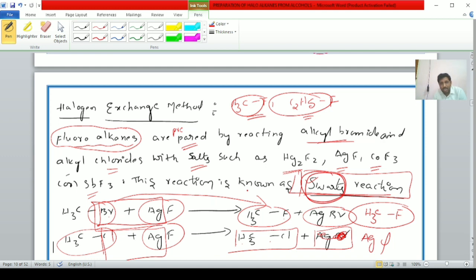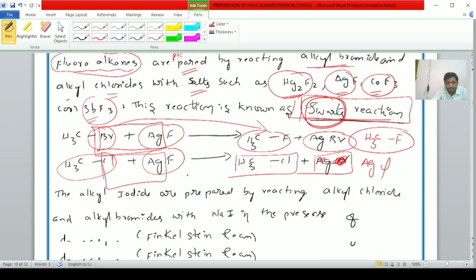In examination, student, they will ask you to explain the Swarts reaction or name the Swarts reaction. Fluoroalkanes are prepared by reacting alkyl bromide and alkyl chloride with salts such as Hg2F2, mercurous fluoride, silver fluoride, cobalt trifluoride, or antimony trifluoride. This reaction is known as the Swarts reaction.